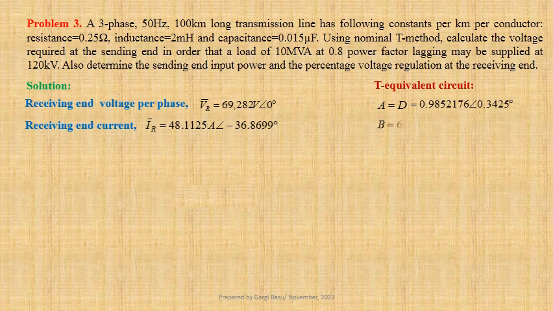B equals 67.123 ohm at an angle 68.4699 degree, and C equals 4.71 into 10 to the power minus 4 mho at an angle 90 degree.